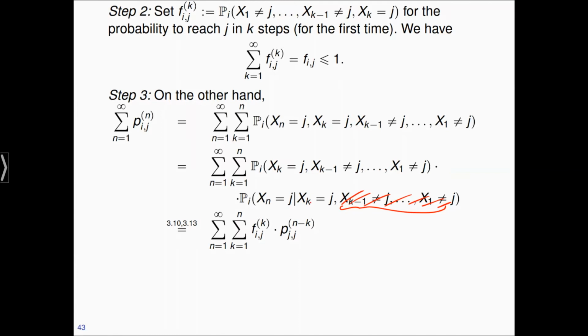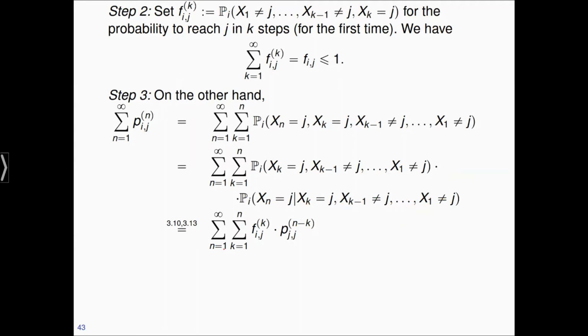So you start at 0, and then at time n minus k, so you have to subtract k here also, you are again at j. So this is nothing else but the probability to start in j and to be at j at time n minus k. As I said, I used 3.13 to get rid of this stuff here, and then 3.10 to move things back to the beginning, to basically subtract k from here and k from here. So this becomes n minus k. And then I replace by the definition of the transition probability p_jj^(n-k).